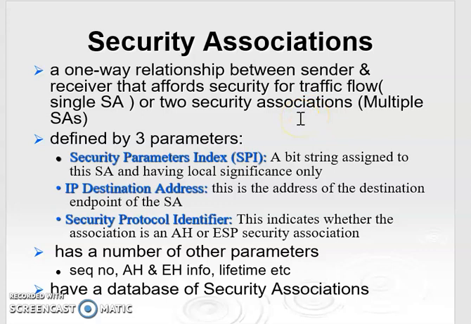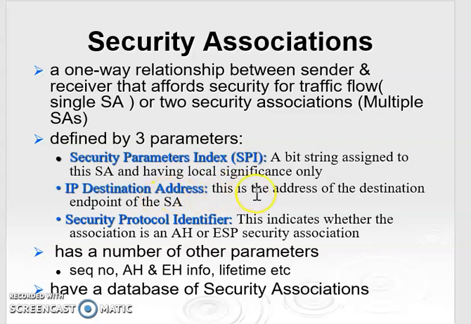This security association is governed by three parameters, namely the SPI, which we have just seen in the authentication header and the ESP fields. It is a 32-bit unsigned integer for local significance, and it is used in AH and ESP for selection of the SA.